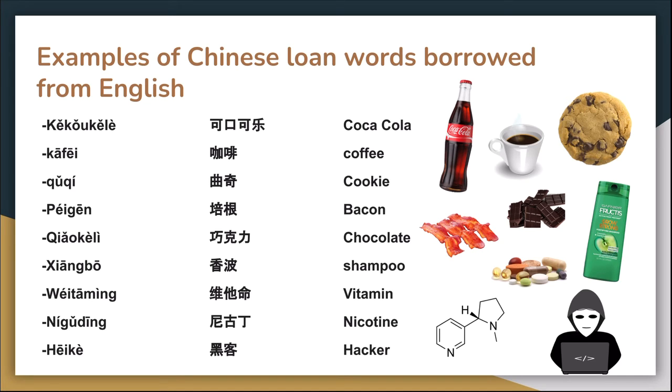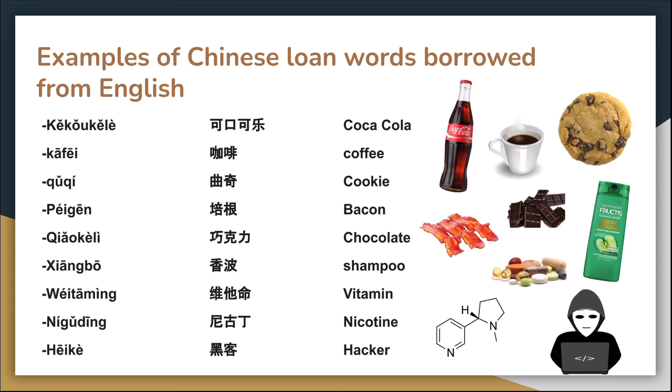Okay, so the next one is 咖啡. It's coffee. 曲奇. This one's a bit hard. It's cookie. 培根.